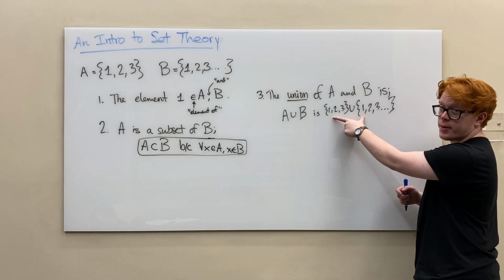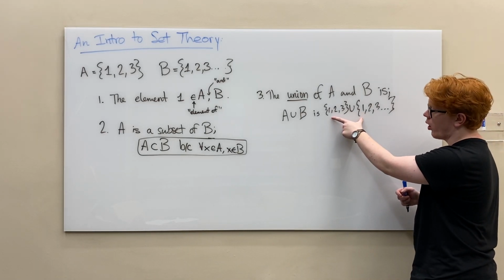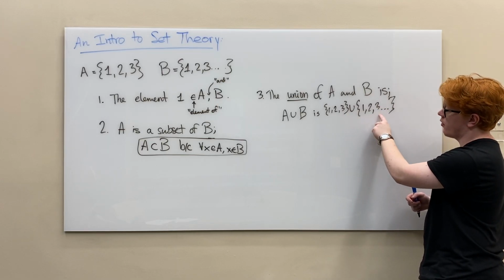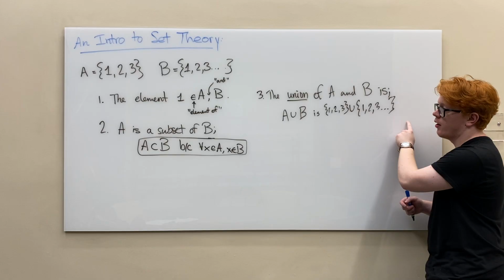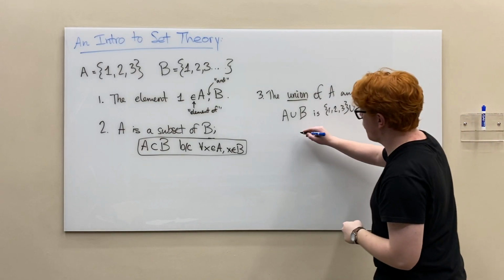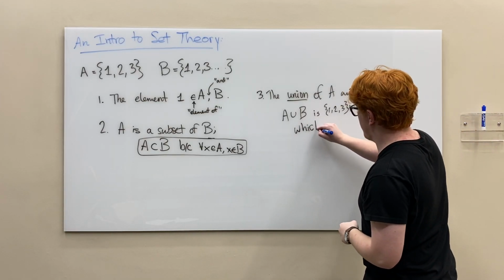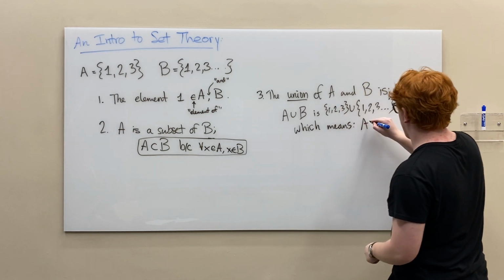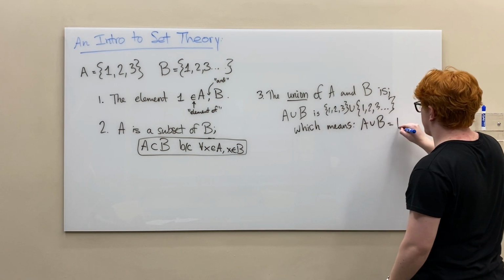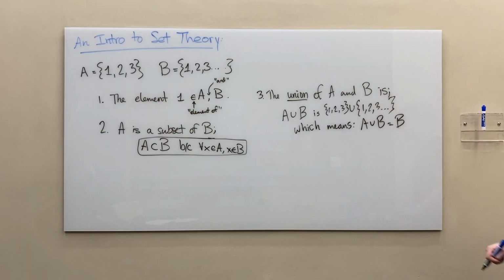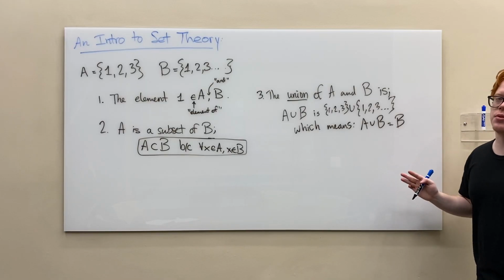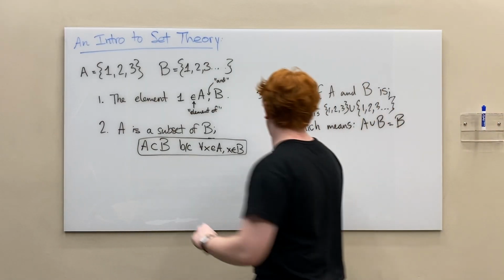We don't have repetition, remember that, so you're only going to see 1 once, you're going to see 2, 3, but then from B you're also going to see 4, 5, 6, and so on. So what we find out is that, in this case at least, A union B is just equal to B.